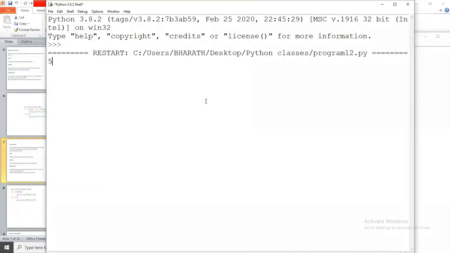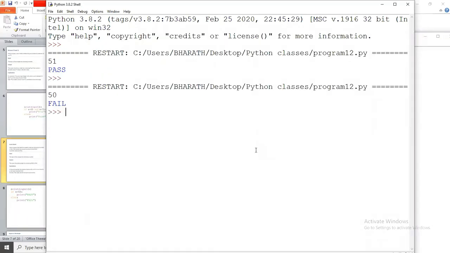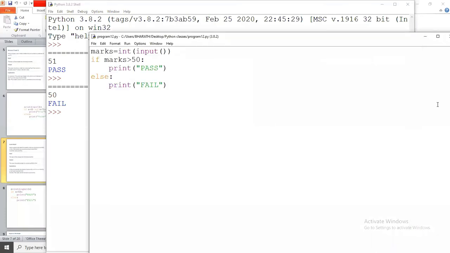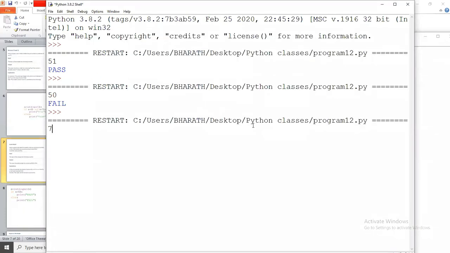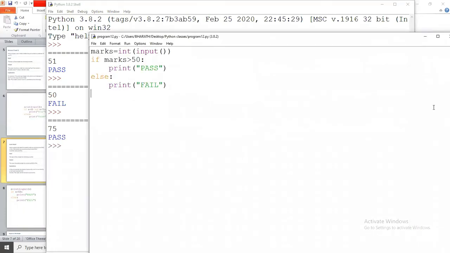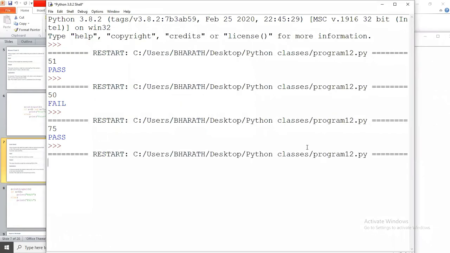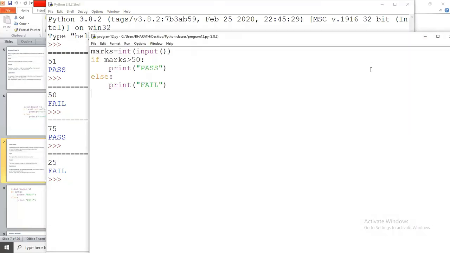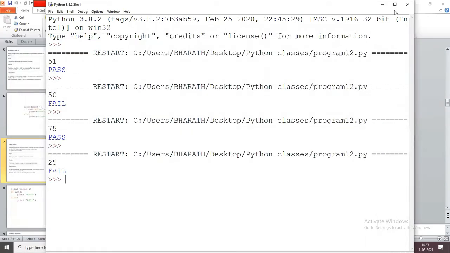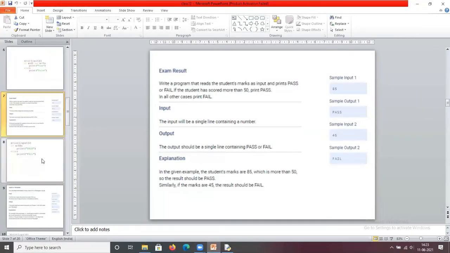If I give 51, it returns pass. If I give 50, it returns fail. If I give 75, it returns pass. If I give 25, it returns fail. Okay. So this is the solution.